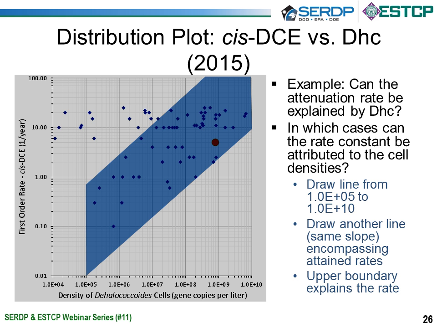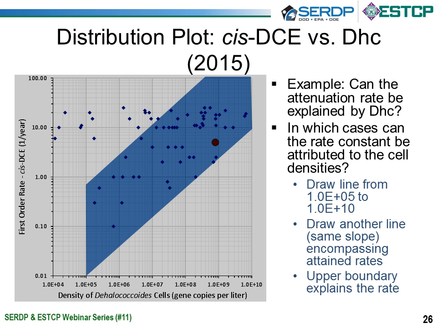So let's look at one of these distribution plots after we received the new data. In this one, in 26, we are comparing Dehalococcoides densities to attenuation constants for cis-DCE. Again, each one of these points is a rate constant that has been estimated, and it has been measured against the concentration of Dehalococcoides.